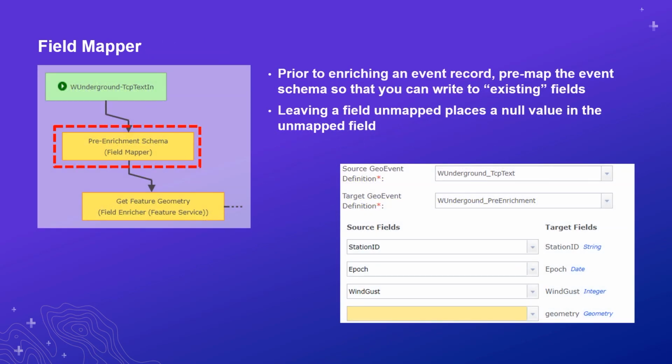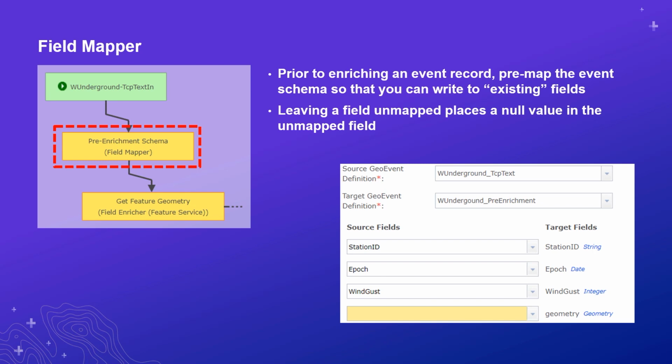Here we see an example of my use of a field mapper to pre-map an event record schema to prepare it to receive enrichment values. Again, I want to write to existing fields whenever possible. Note that the geometry field has been left unmapped. When you leave a field unmapped in a field mapper's configuration, it is the same as explicitly writing null into that field.